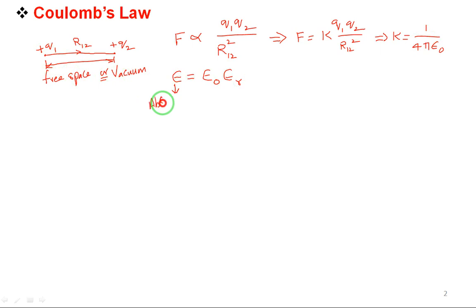Epsilon is the absolute permittivity of the medium where the charges are placed, epsilon naught is the absolute permittivity of free space or vacuum, and epsilon r is the relative permittivity of the medium with respect to free space.